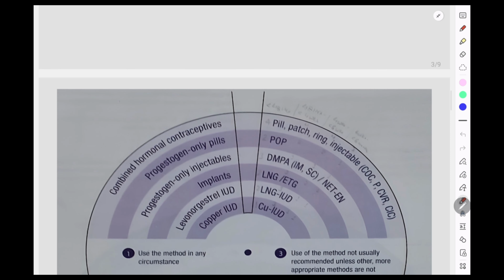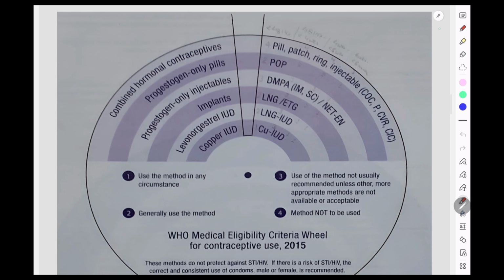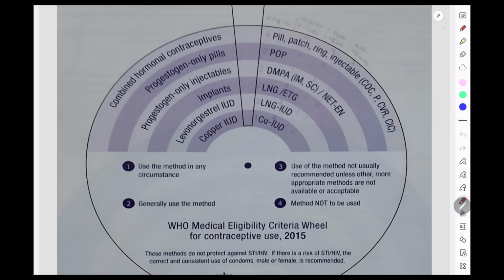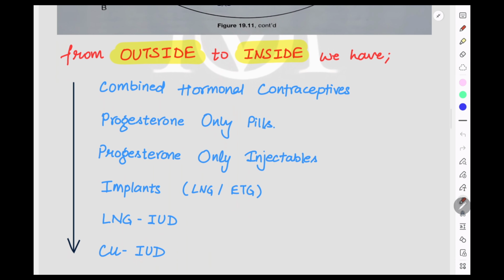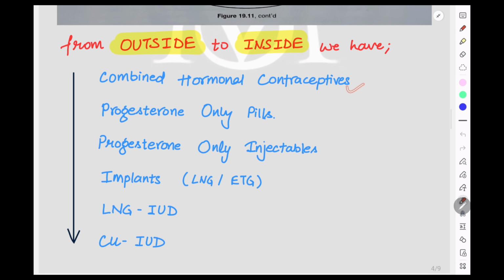Now let's know what kinds of contraceptives are available. This is our first wheel, where we have 6 concentric circles in which the contraceptive methods are labeled. From outside to inside we have combined hormonal contraceptives, progesterone only pills, progesterone only injectables, then implants, LNG IUD, and copper IUD.